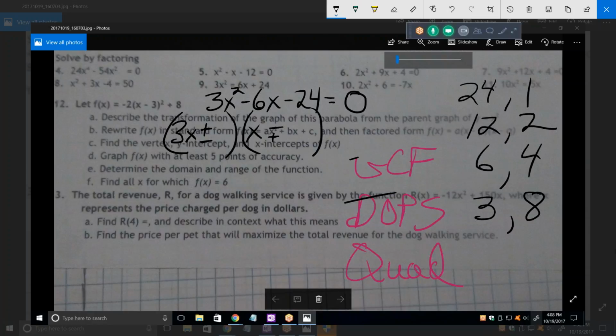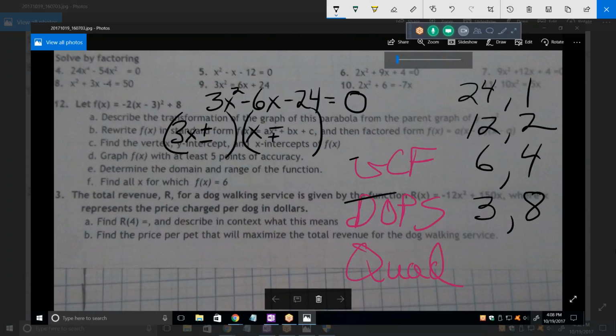So you 3, 8, yeah. So all of those are factors, and I can no longer cut that in anything, half or thirds or fourths or anything.